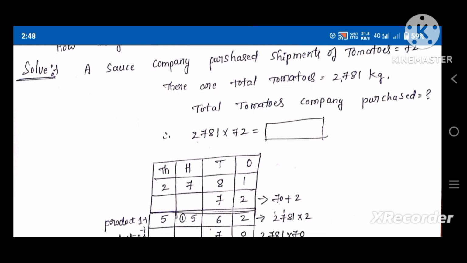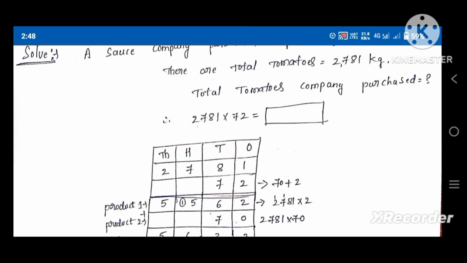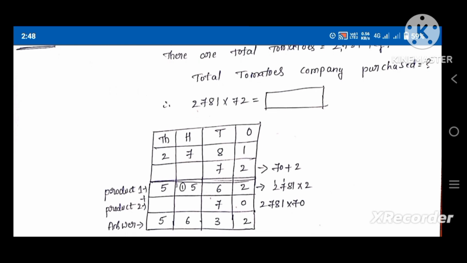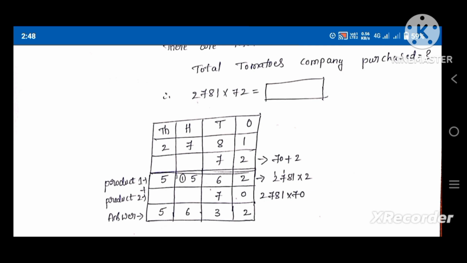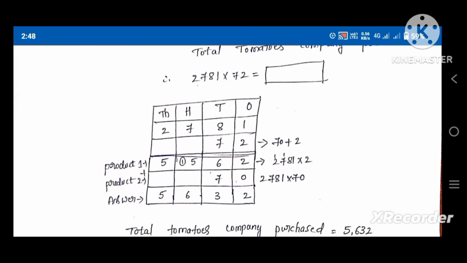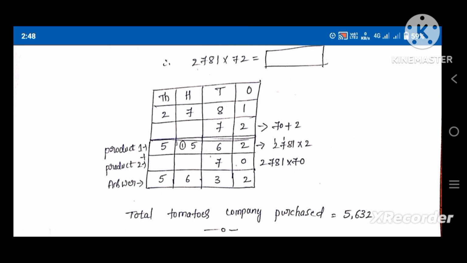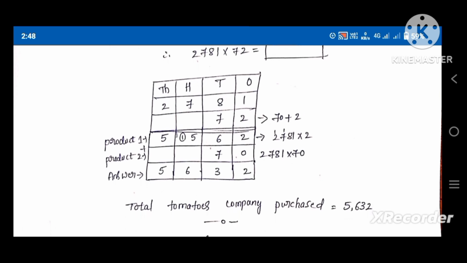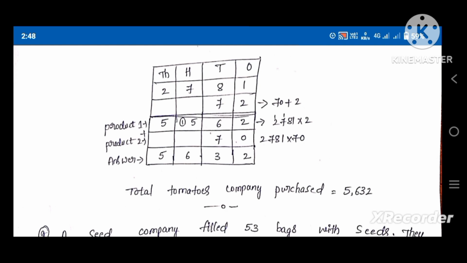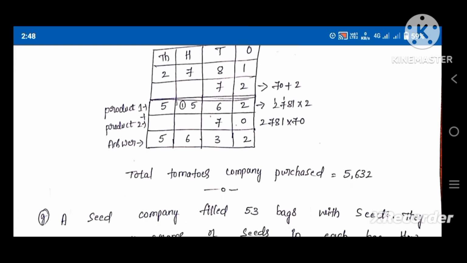First product is 2781 into 2. Second product is 2781 into 70.